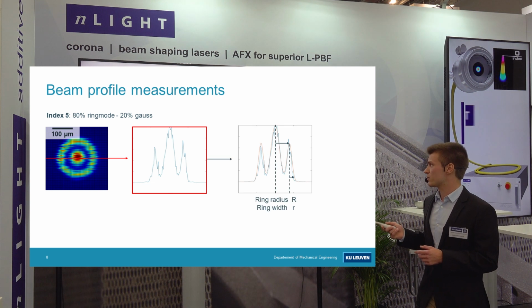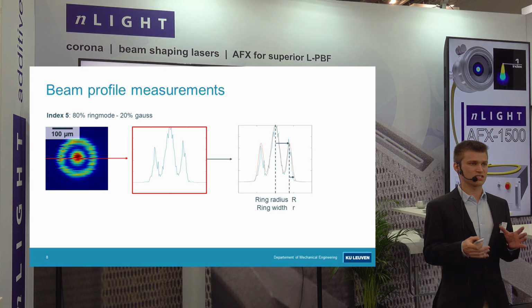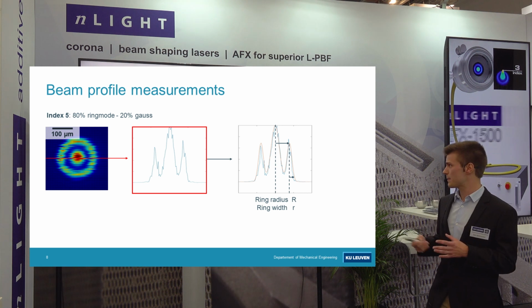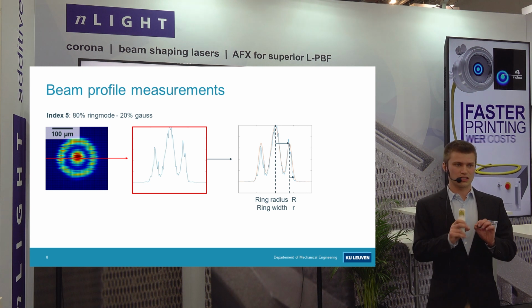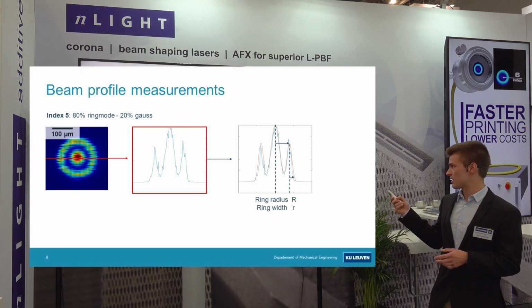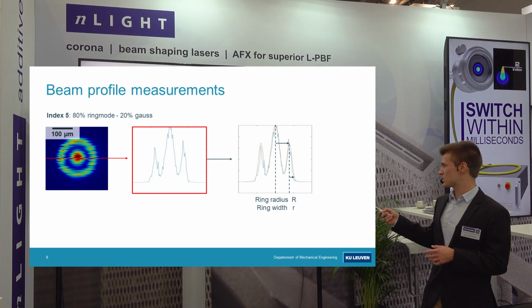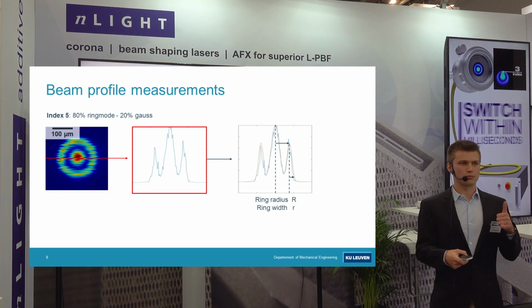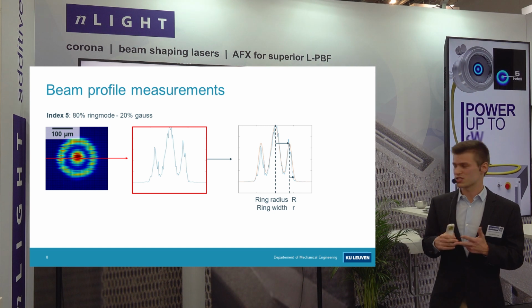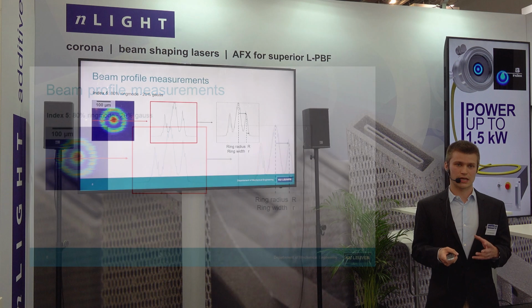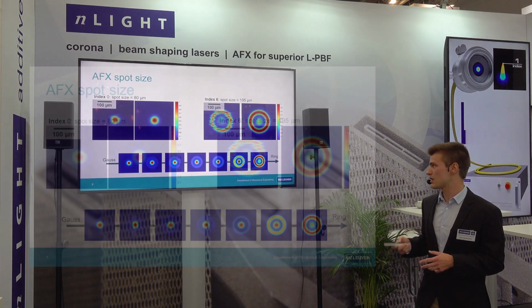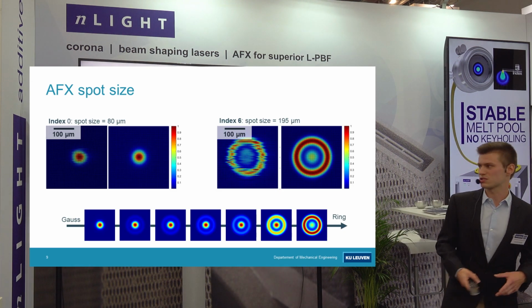So we approximated this as the center still a standard Gaussian beam with your beam radius A. And the ring around is a one-dimensional ring with a radius capital R, and superimposed on this, a Gaussian with a radius small r. And by combining the center radius A and big R and small r, we can accurately describe the intensity profile. And you can get these kind of simulations from it.